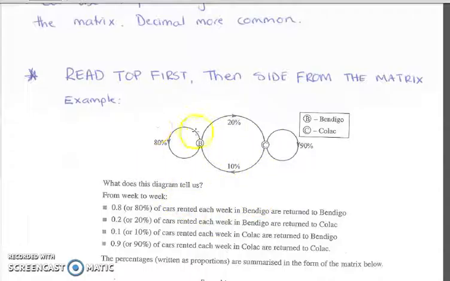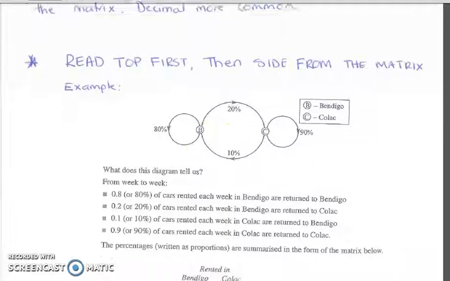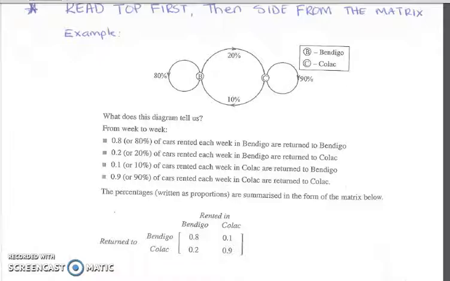So in this example, because we've got directional arrows on it, you need to specify that in your matrices. So for example, from B to C, so we go from the top, from B to C is 0.2 because it's 20%. So understanding how to read this, and remember we go from top to side.